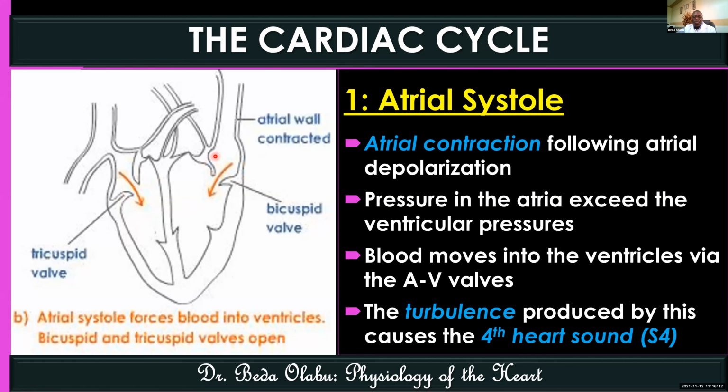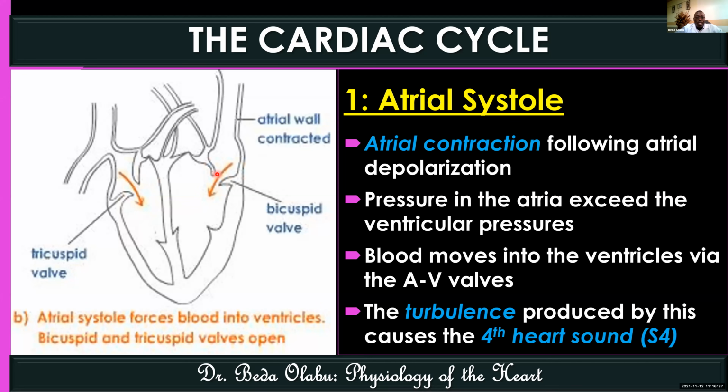It is not the first or the second heart sound. It is the fourth heart sound. We call it S4. So take note, S4 is caused by turbulence during atrial systole, turbulence through the atrioventricular valve when blood moves from the atria to the ventricles.